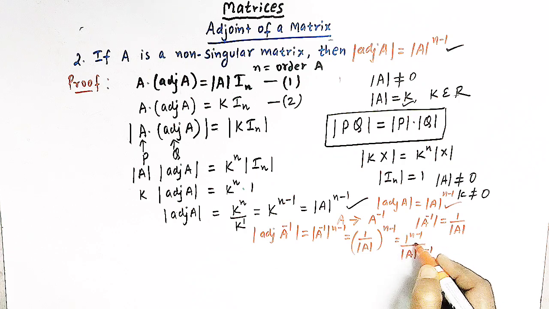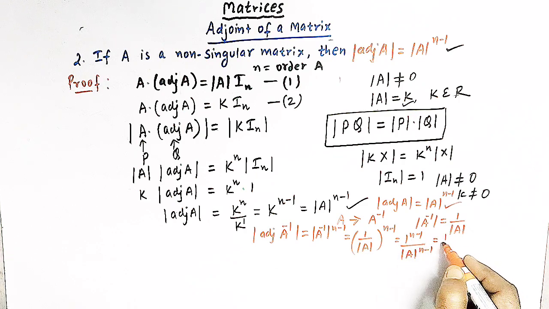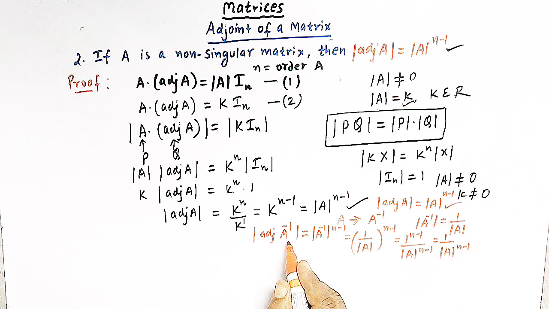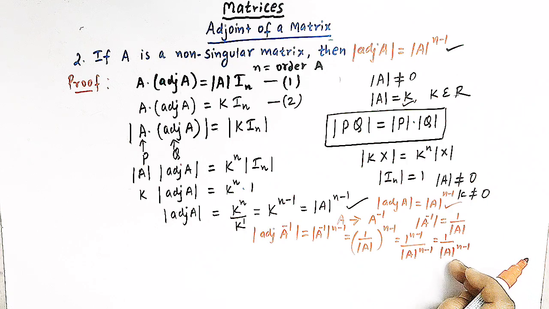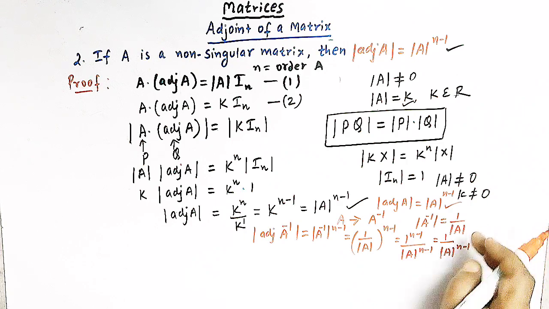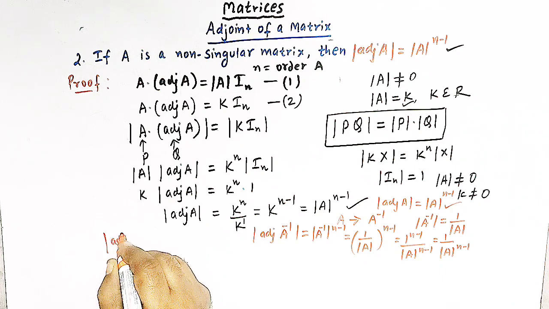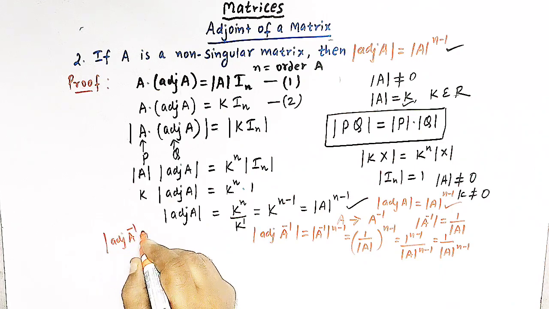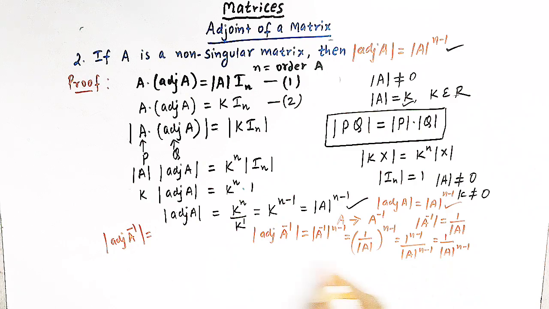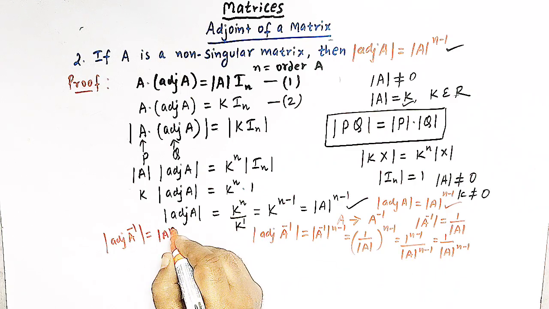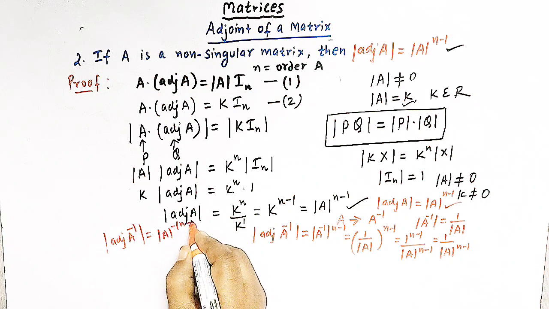The numerator is equal to 1, so we have simply 1 over determinant of A raised to n minus 1. Now we can take the denominator to the numerator, so the determinant of adjoint of A inverse is equal to the determinant of A raised to minus n minus 1.